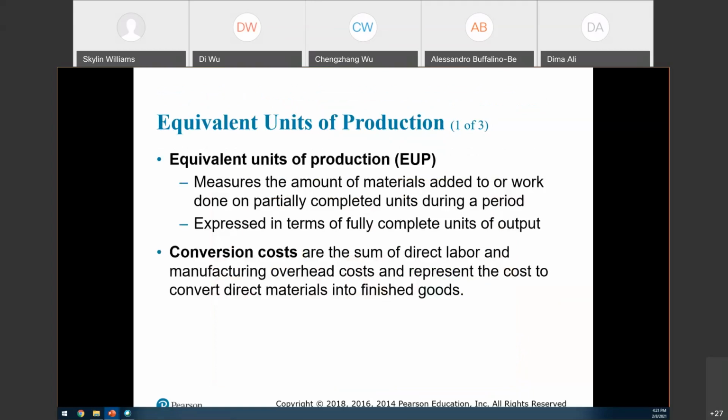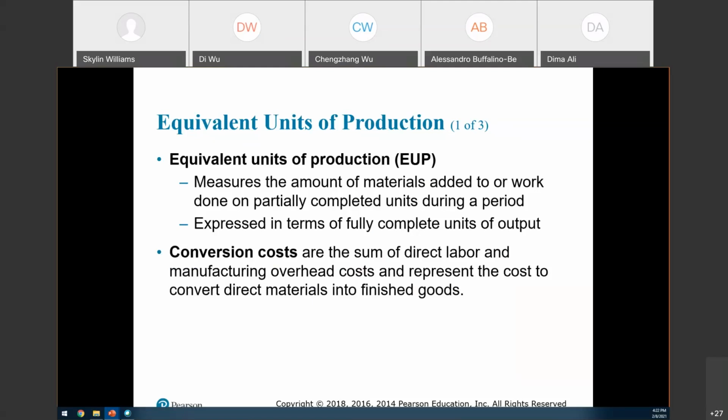So here, the concept of equivalent units of production allows the business to measure the direct material, direct labor, and manufacturing overheads incurred on a partially finished group of units during the period, and to express it in terms of fully complete units of output.